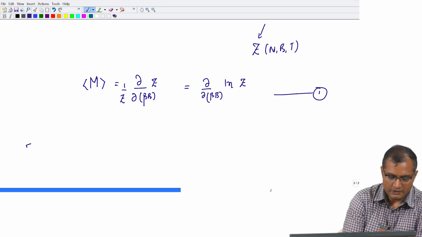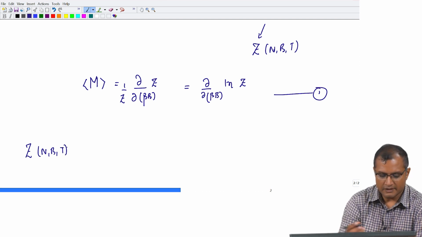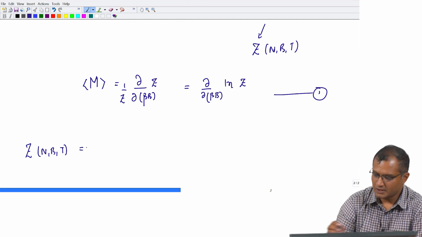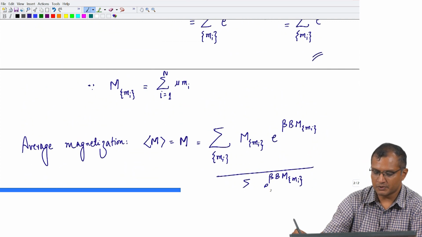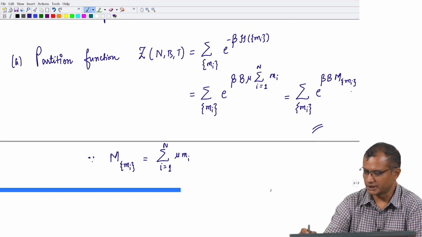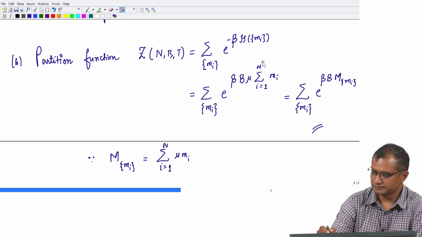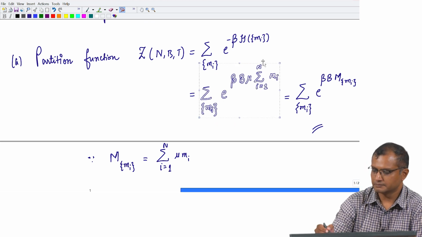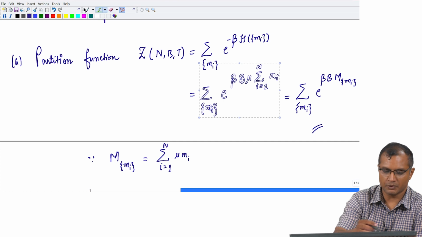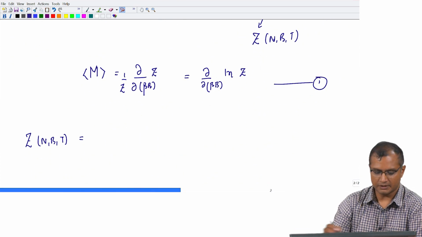So, our partition function at constant field and temperature was already computed up to this step. I am just going to copy this here, it is pre-computed, so let us just bring it down here.